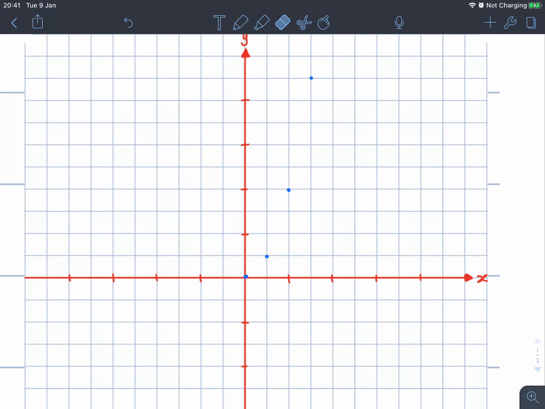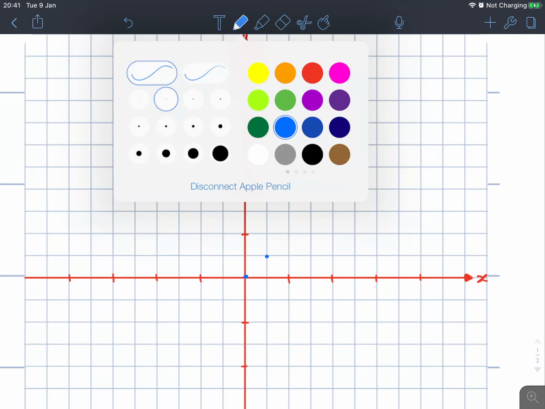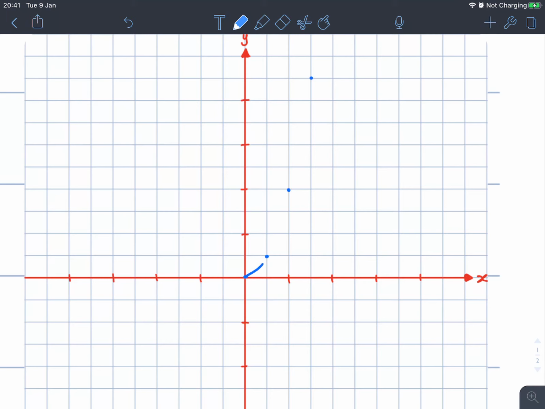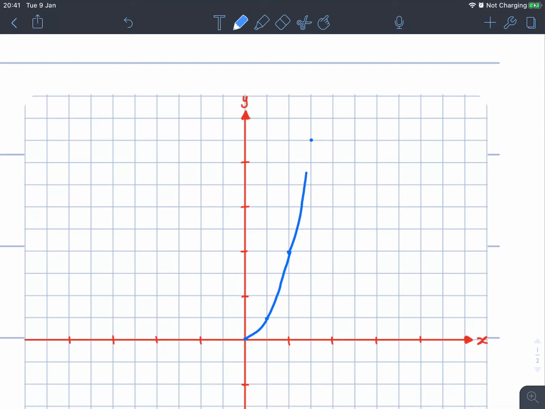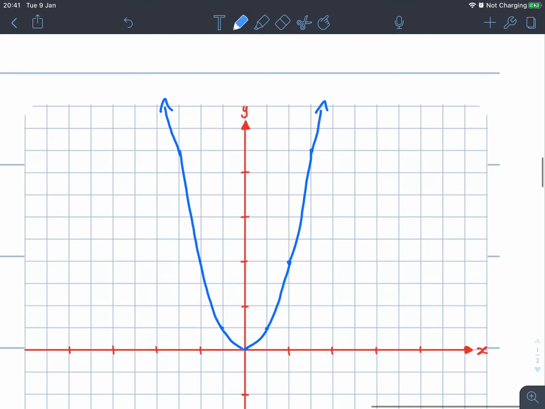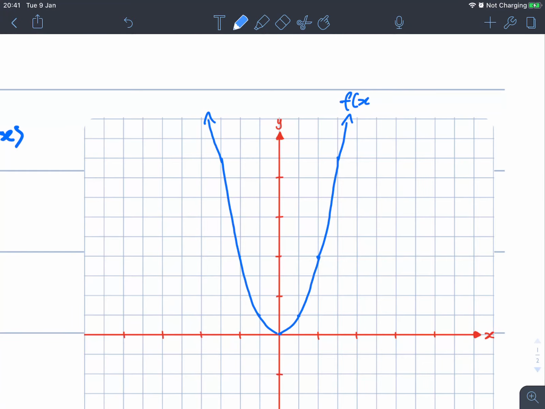So this is the most basic parabola that we know, with a mirror image along the y-axis. That's my function f of x.